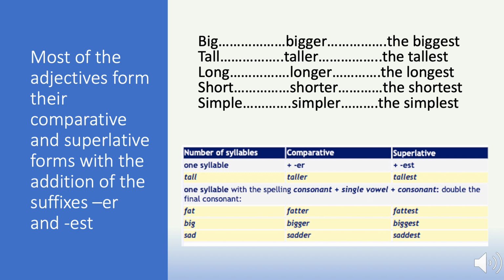So the rule is that when we change the degrees of comparison of adjectives that have only one syllable, they normally take the er and est as the suffix in the comparative and superlative degrees, respectively.